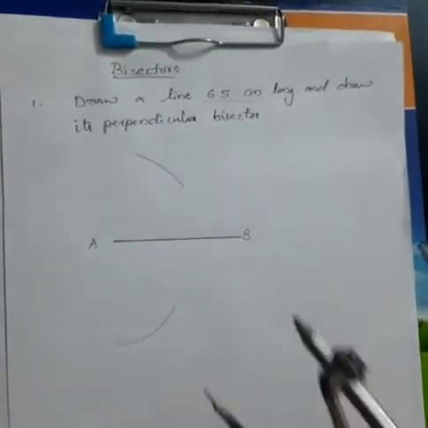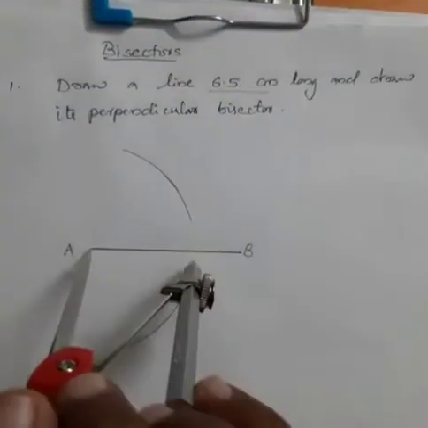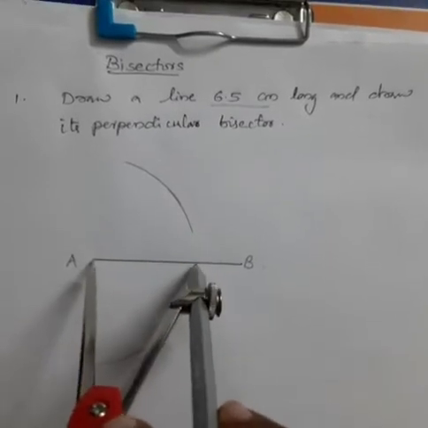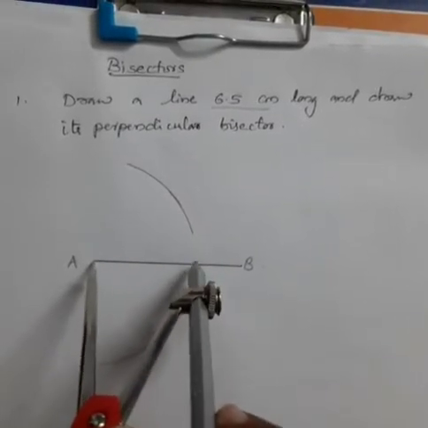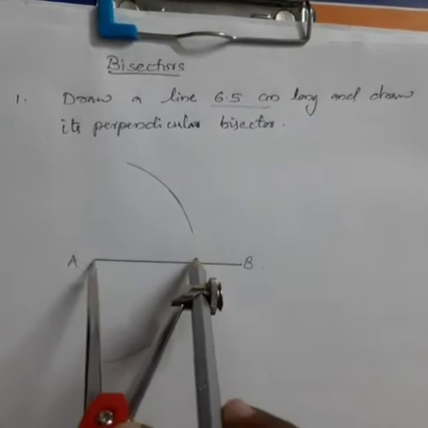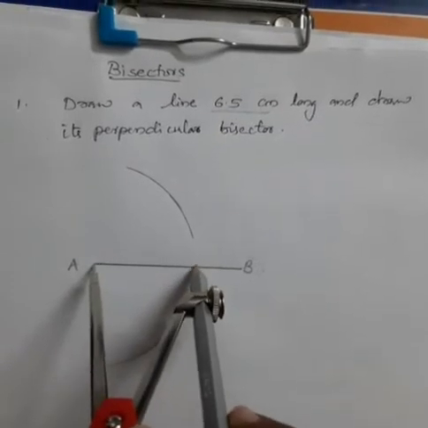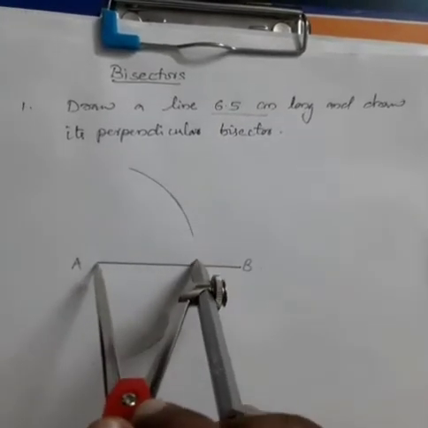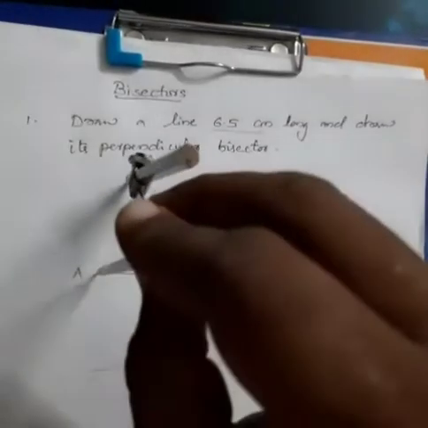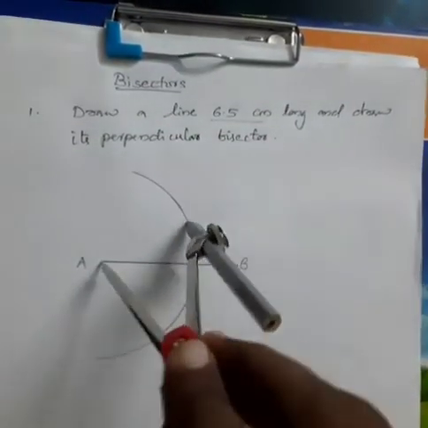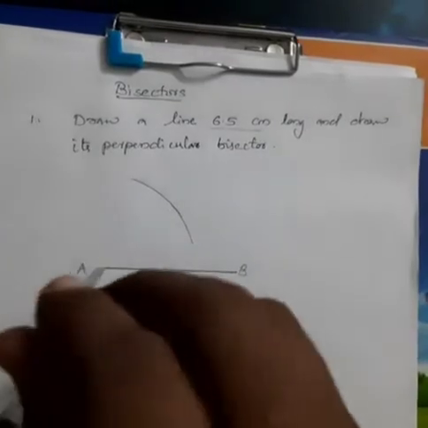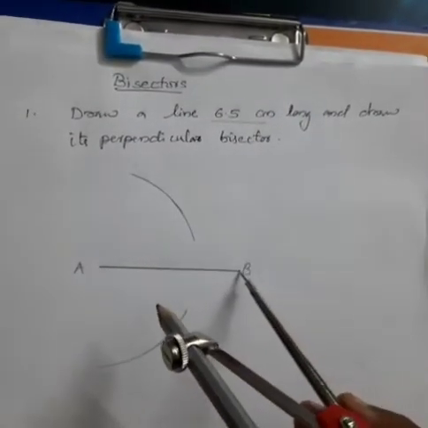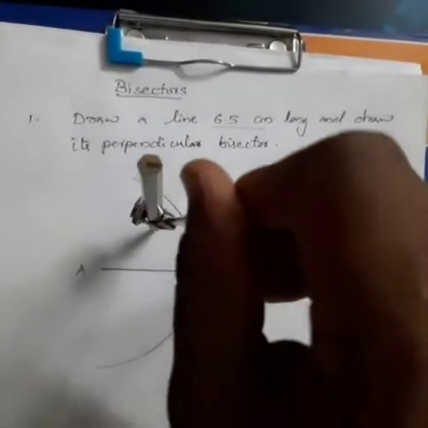Draw the arc on both sides. More than half means the total length is 6.5, so above 3 you can take it. So more than half of that you take in your compass. Then draw the arc. The same measurement you have to draw from B also.